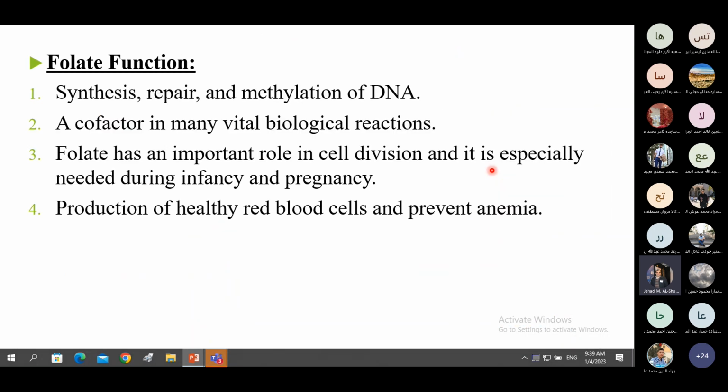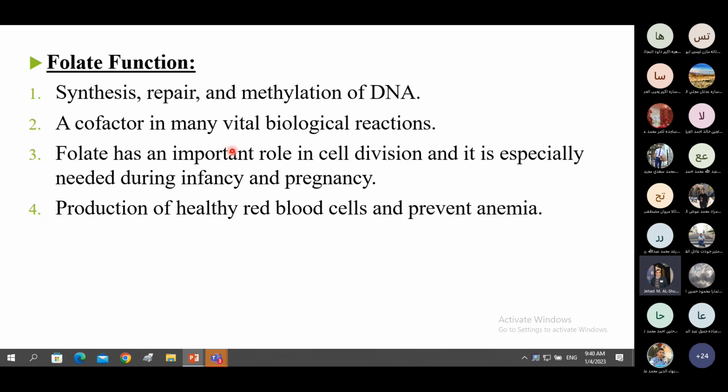Folate function. Folate plays a very, very important role in our body, specifically in the synthesis, repair, and methylation of DNA. See how important the folate is. It plays a core role in the synthesis, repair, and methylation of DNA, and thus, it plays a very important role in cell division.